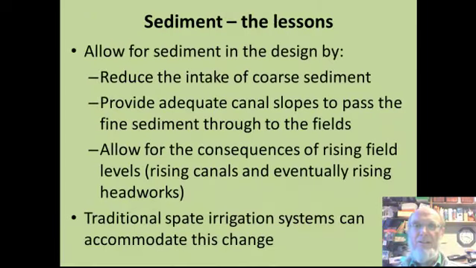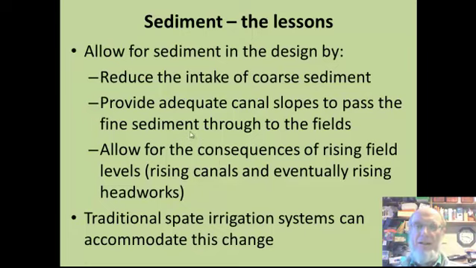So, what are the key lessons for sediment? It's important to allow for sediment in the design by, firstly, try to reduce the intake of coarse sediment. Second, then provide adequate canal slopes to pass the fine sediment through to the fields so it doesn't collect in the canals.